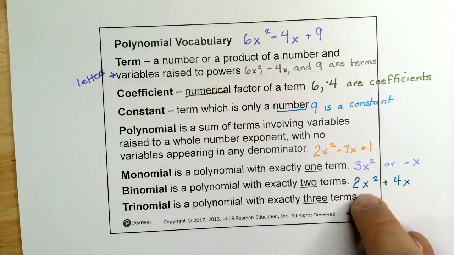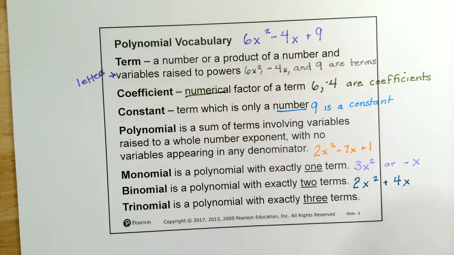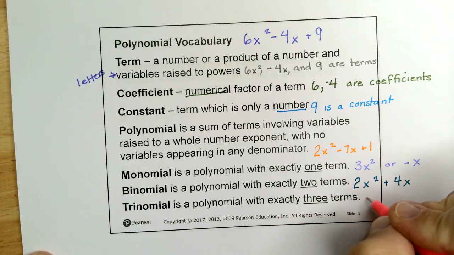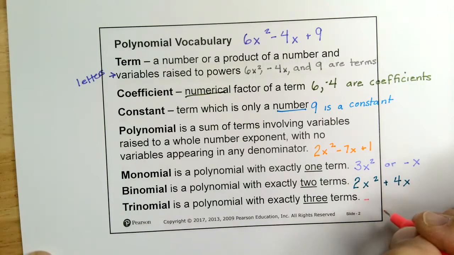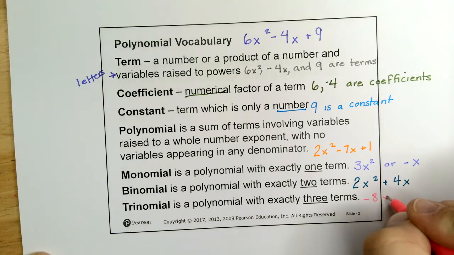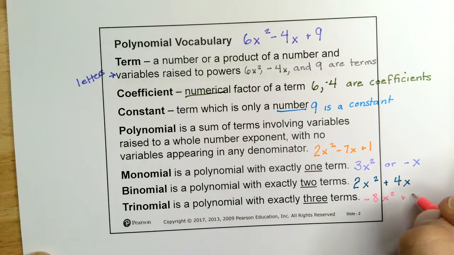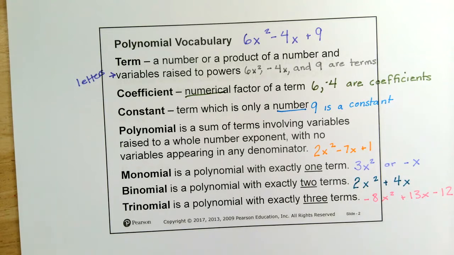There are two parts, two terms. A trinomial is the examples we have already been seeing. There are three terms. Negative 8x squared plus 13x minus 12. That would be a polynomial.